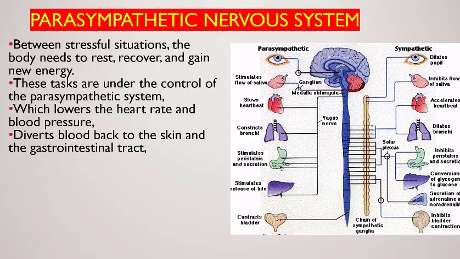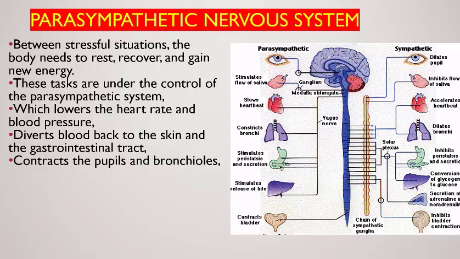In sympathetic activity, the blood is diverted to the active organs, the heart and the skeletal muscle, but when the body is at rest, blood is again diverted to the skin and the gastrointestinal tract, because during rest the person takes food, or if any food remains in the gastrointestinal tract, its digestion is restarted, and the blood is diverted from the muscle and heart towards the gastrointestinal tract and skin.